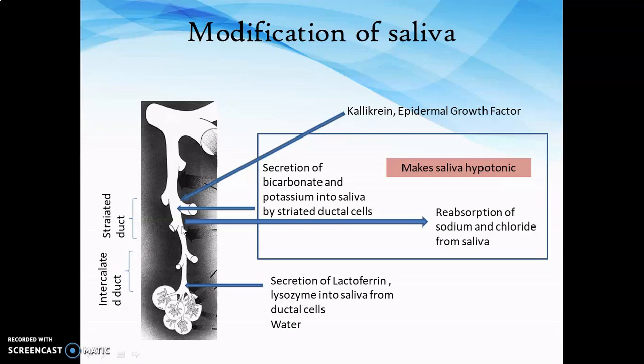Mitochondria provide energy for active transport of material, and there is a greater amount of reabsorption and secretion of materials in saliva at the level of striated duct. There occurs reabsorption of sodium and chloride from saliva and secretion of bicarbonate and potassium into saliva by the striated ductal cell. This process makes the saliva, which was initially isotonic or slightly hypertonic, into a hypotonic solution. The final saliva secreted into the oral cavity is thus hypotonic in nature.